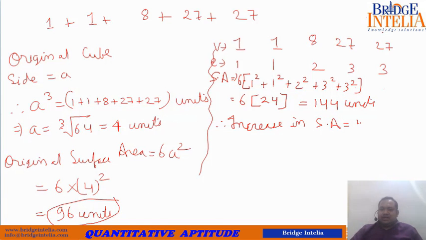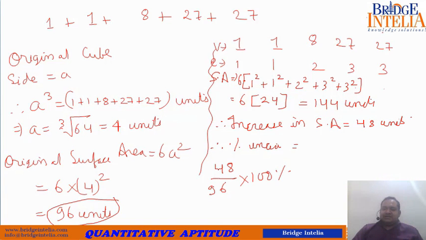Therefore, what will the percentage increase be? 96 has seen a jump of 48. So percentage increase means 48 is what percentage of 96? The answer will come out to be 50%. So the surface area has seen a jump of 50%.